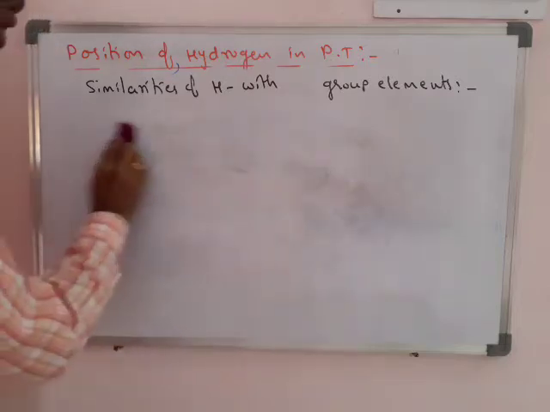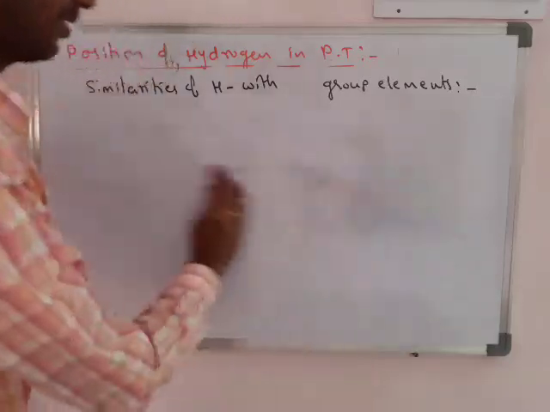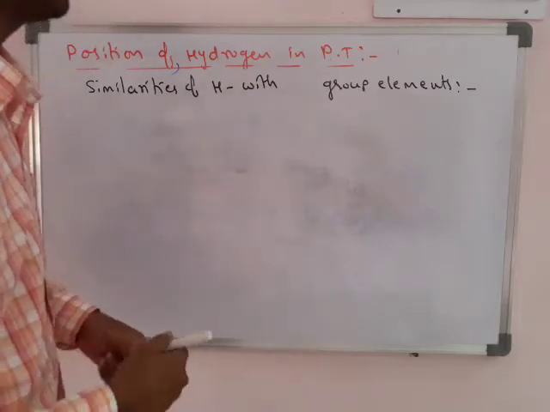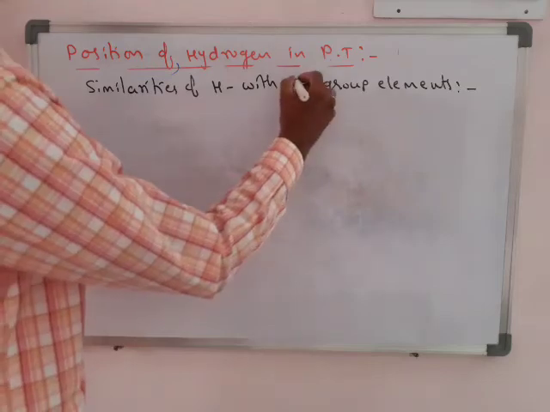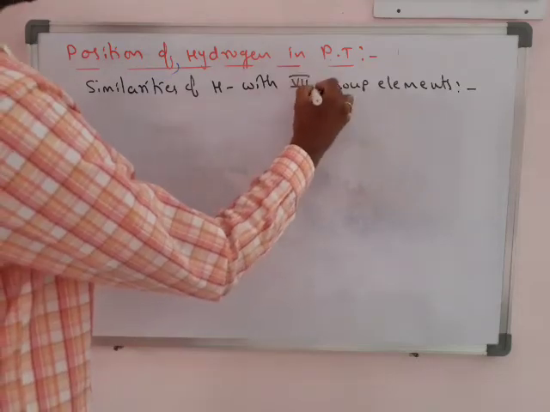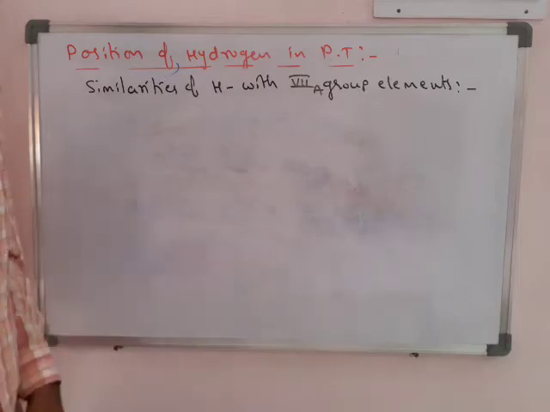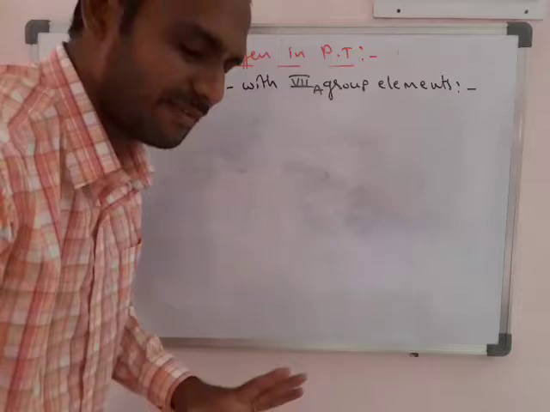Anomalous means not exact. So why can it be placed in the 7th A group elements?